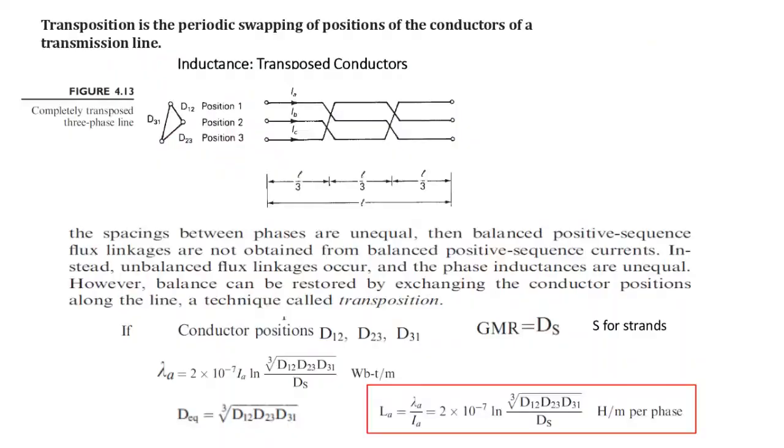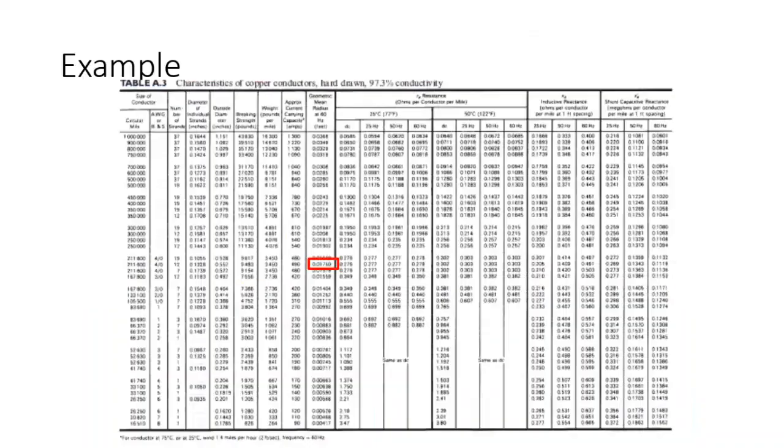So when you read, even if you're given copper and aluminum, don't just look at the table. Look at the title of the table. This is Table A3, characteristics of copper conductors.